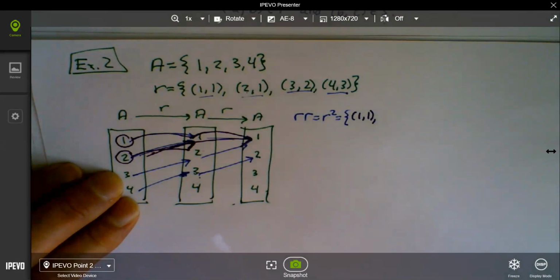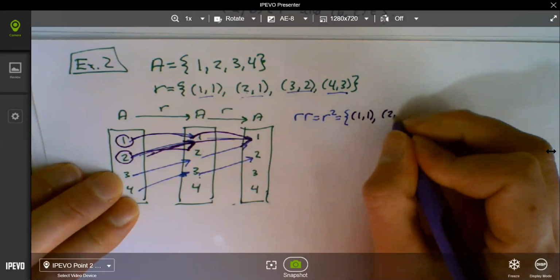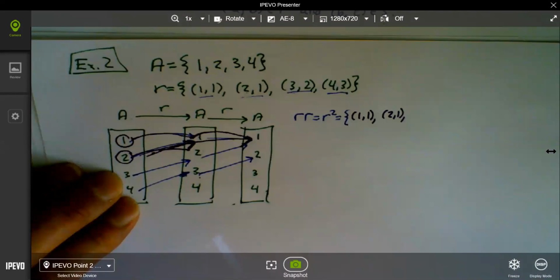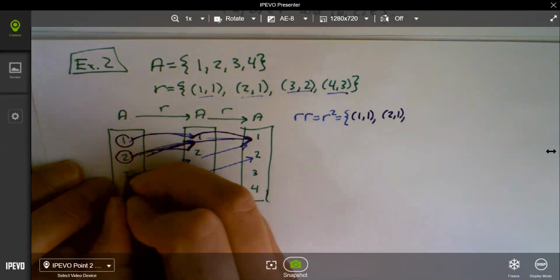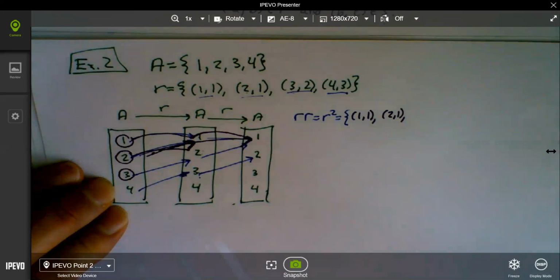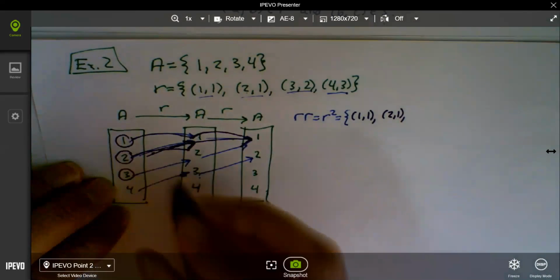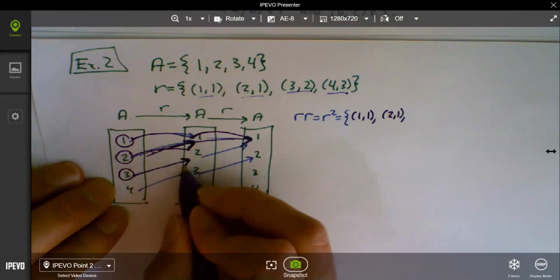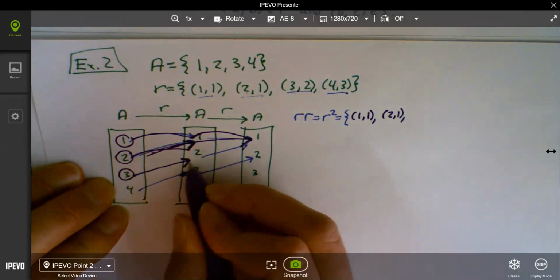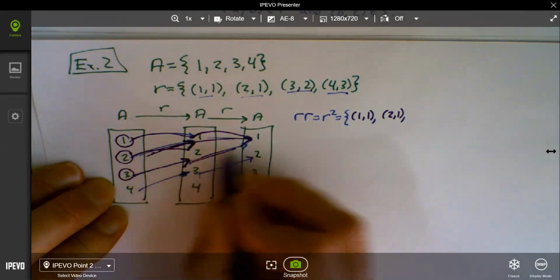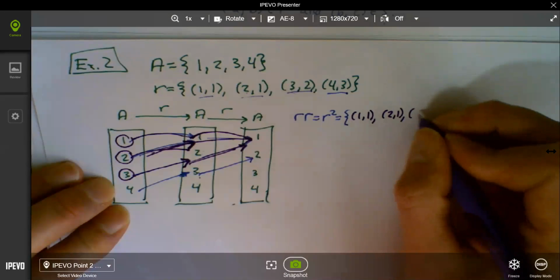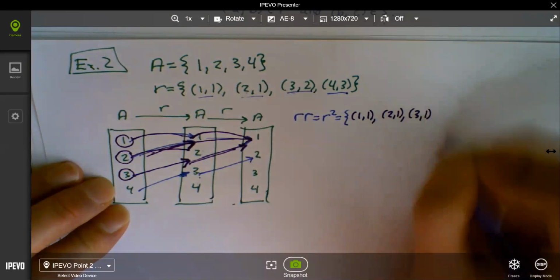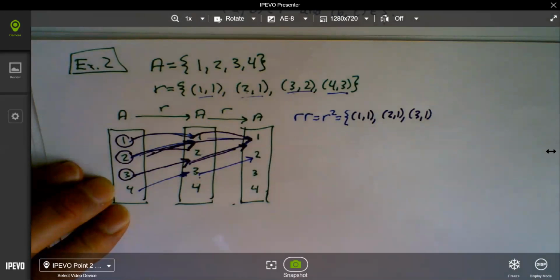So we should have (2, 1) as an element in R composed with R. And that's all we can do with 2. Then we'll go to element 3 in the leftmost column. That points to element 2 in the middle column, which then points to element 1 again in the third column. So (3, 1) is an element in R composed with R.